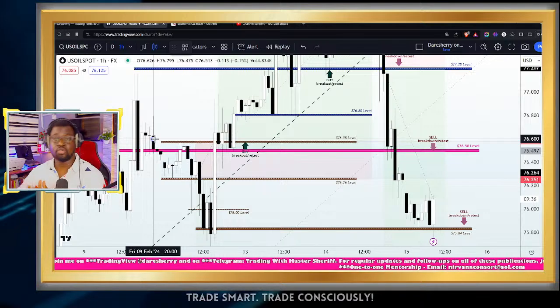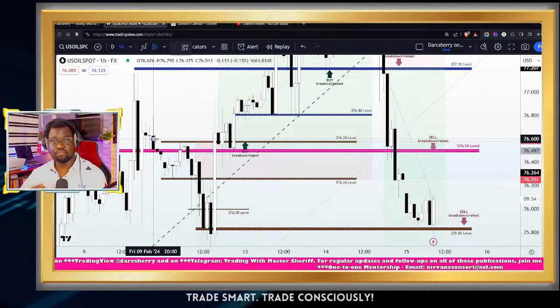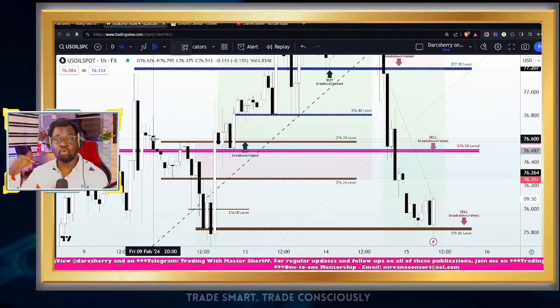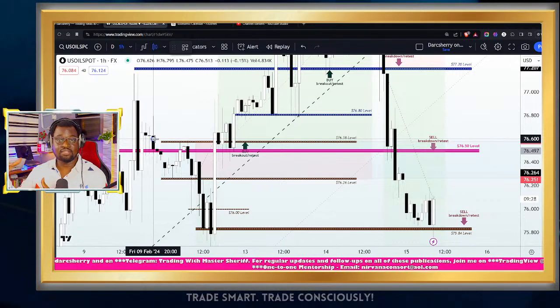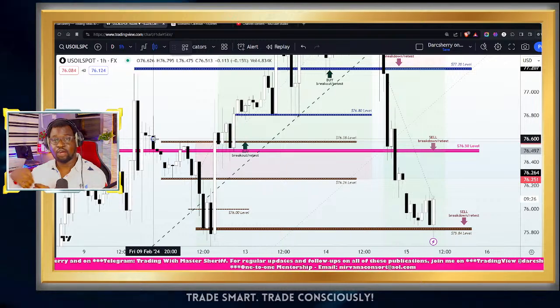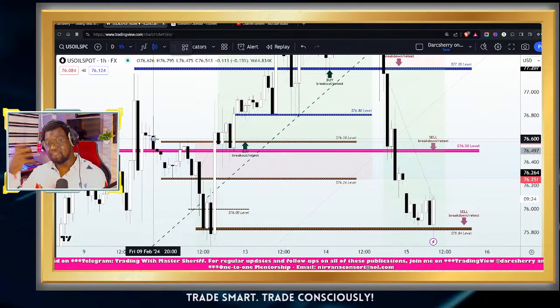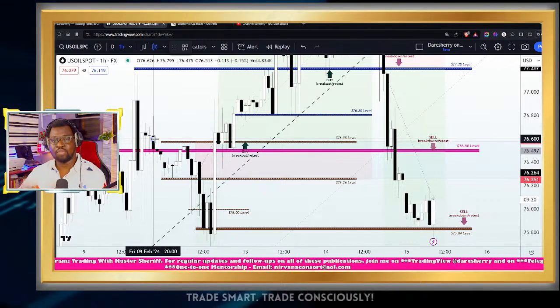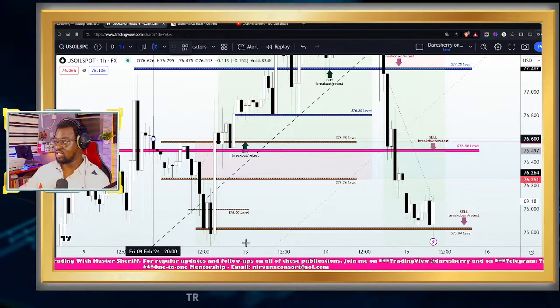And of course, you know how we use our key levels in this community. As long as price remains below the key level, we will be looking out for patterns and structures that support the idea of selling that asset. However, if price breaks above the key level, then we want to be looking out for opportunities to buy.